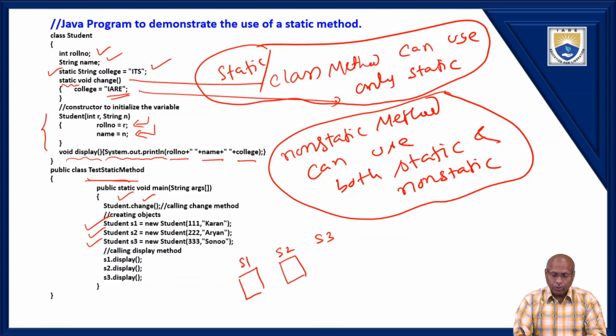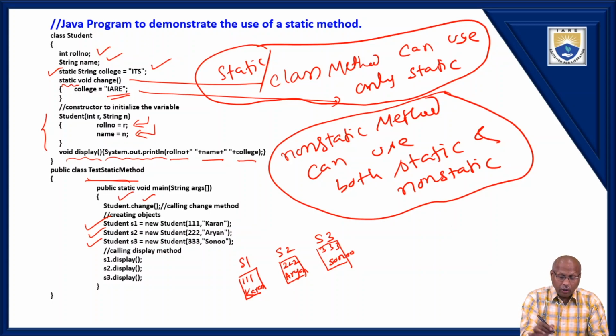For S2, roll number is there, name is there. For S3, roll number is there, name is there. For S1, roll number is 111, name is Karan. For S2, roll number is 222 and name is Aryan. For S3, 333 and Sonu.